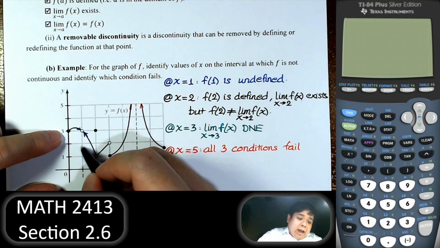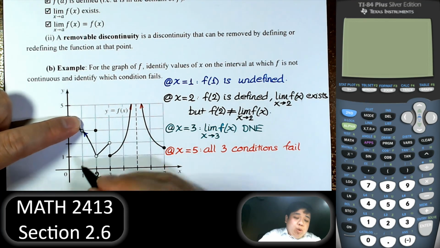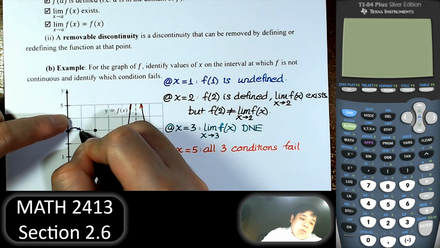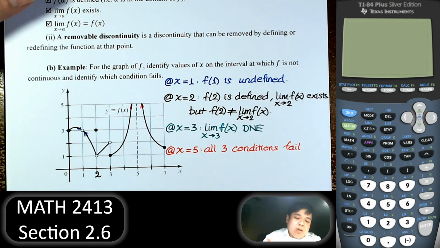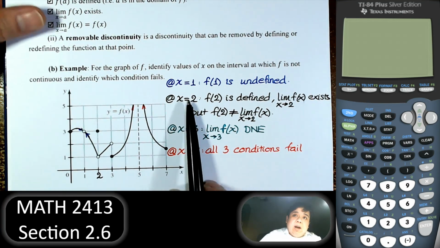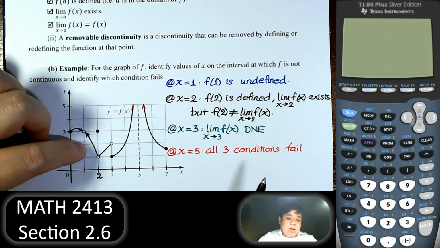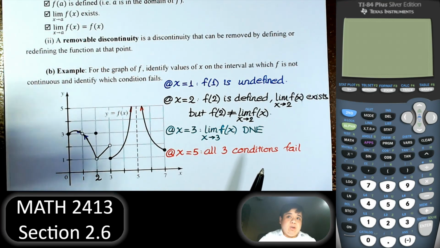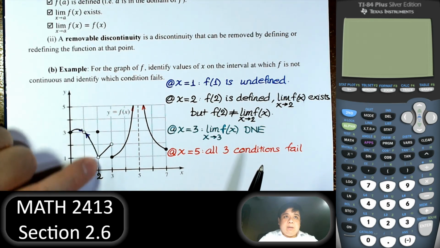Also, even though at x equal to 1, the function is undefined, if we can define it to be 3, if there's a point here, the function will be continuous. So 1 and 2 here, because we just put a point back in, or we move the point, the function can be made continuous by changing the values of the function at that point.